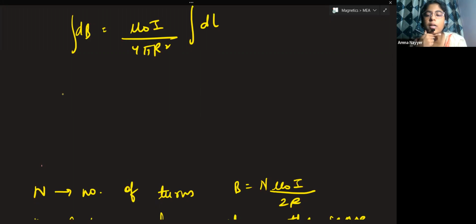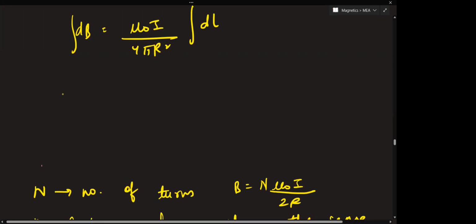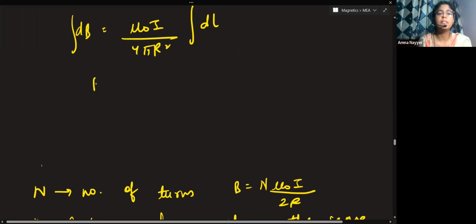For a semicircular one, pi r. Yes, Samira. It will be pi r. So this is mu naught I, because circumference of a semicircle is what? dl, dl, dl gets added. So this is mu naught by 4 pi r square.